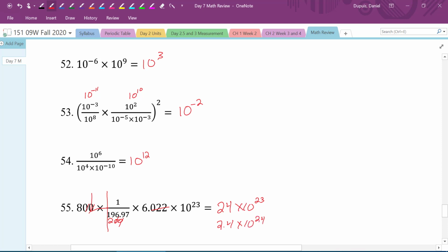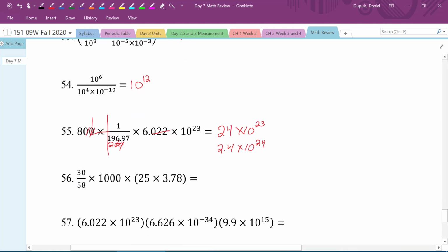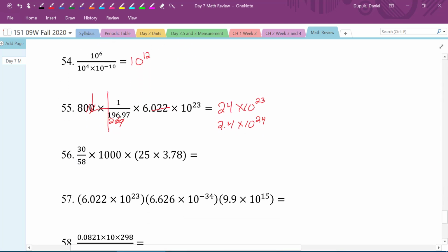That's going to be pretty close to what our actual answer is. And we only have one sig fig, so technically that's just 2 times 10 to the 24th, which we're probably right. 56.